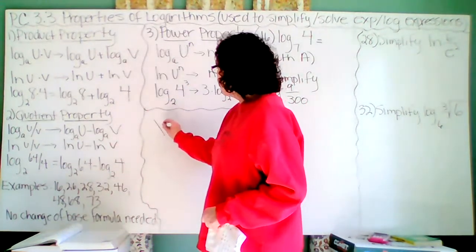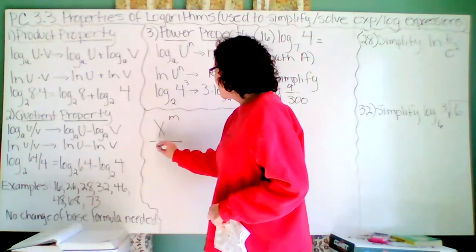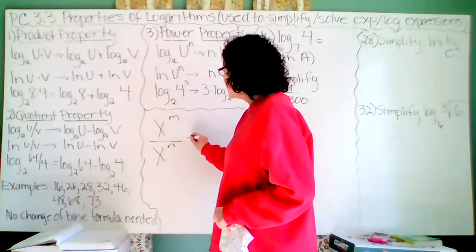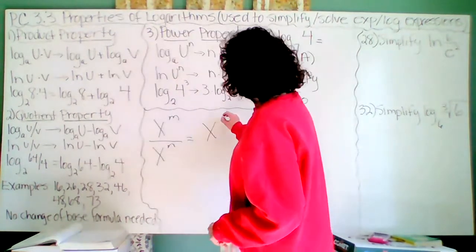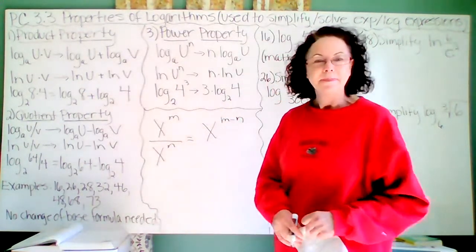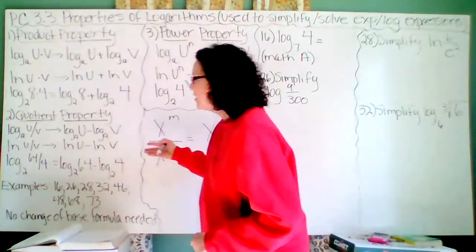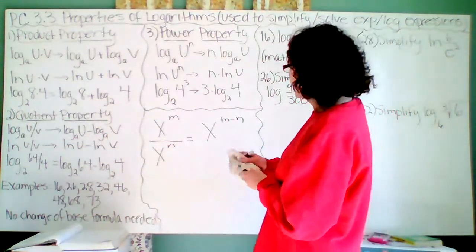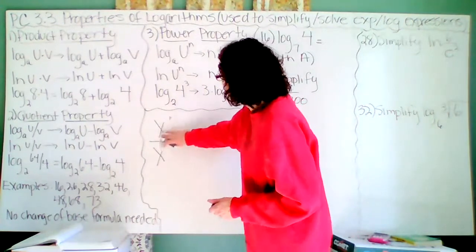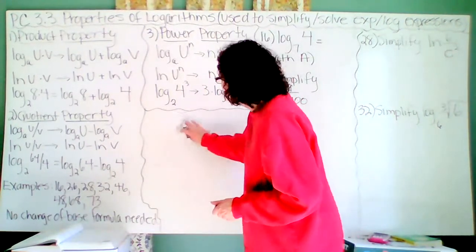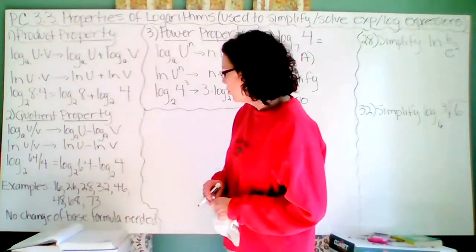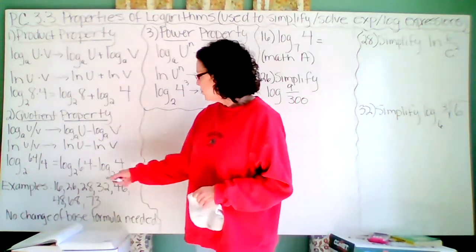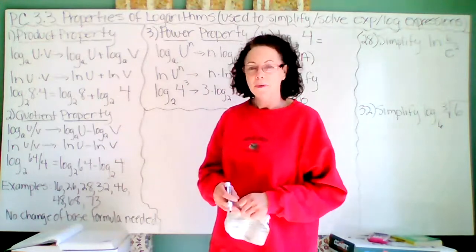Why is this true? Because when you have bases that are the same and they're being divided, you subtract the exponents. And that's what this property is saying in log version. Here's an example. Log base 2 of 64 divided by 4 equals log base 2 of 64 minus log base 2 of 4.